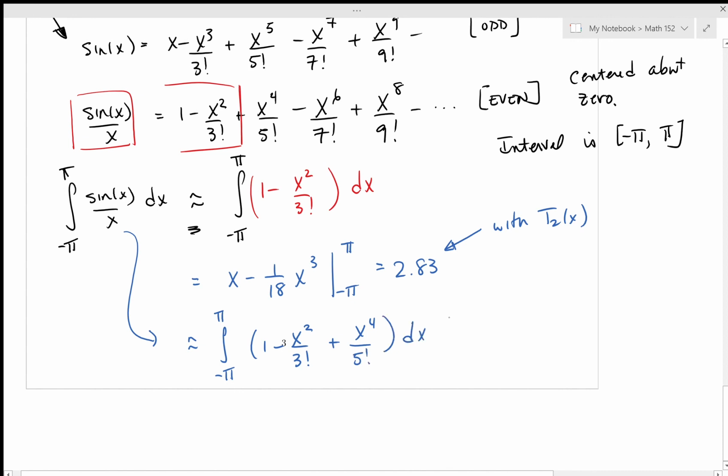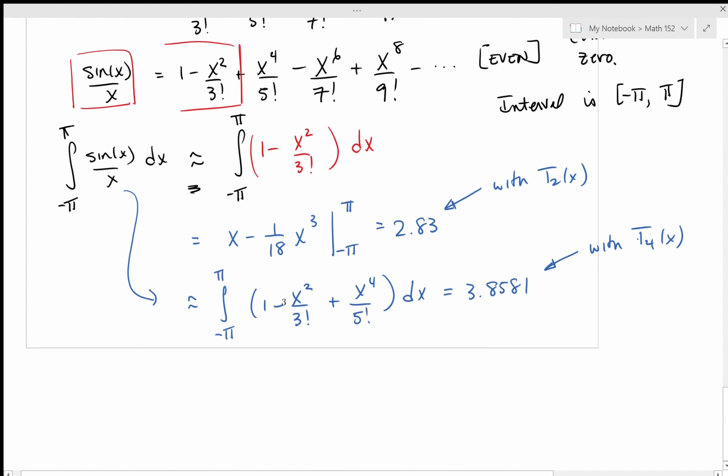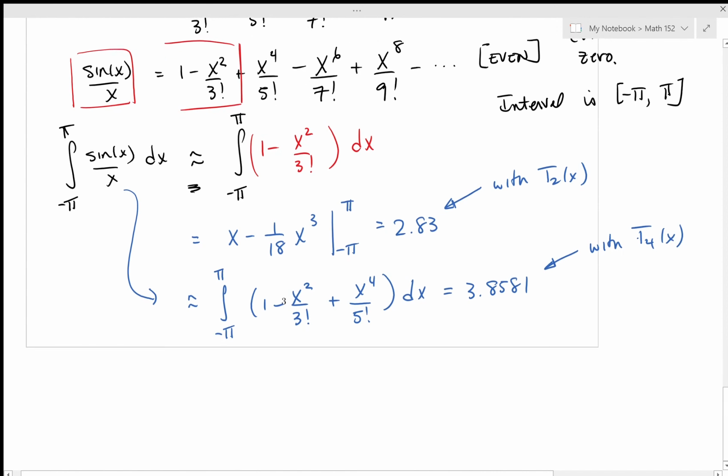Okay, so I go ahead and integrate this and get a number. It's a polynomial, and I get this number. And this is with T4 of x. Okay, so you could keep doing this till you get to the desired degree of accuracy.